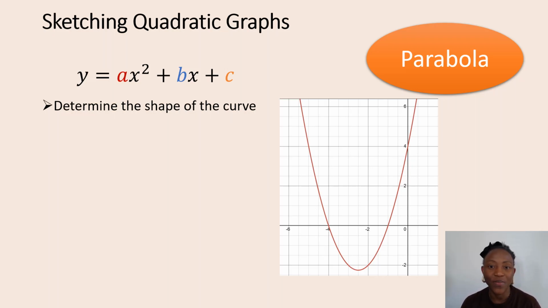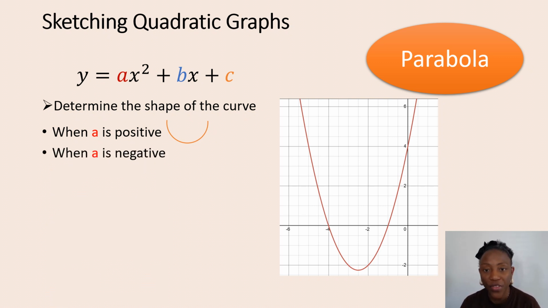When is it smiling? It's smiling when we have a equals a positive number. So if a turns out to be positive, then the curve will be smiling, as in the case of this diagram on the screen here. Now when a is negative, then the curve is frowning, like you're expecting an N shape.